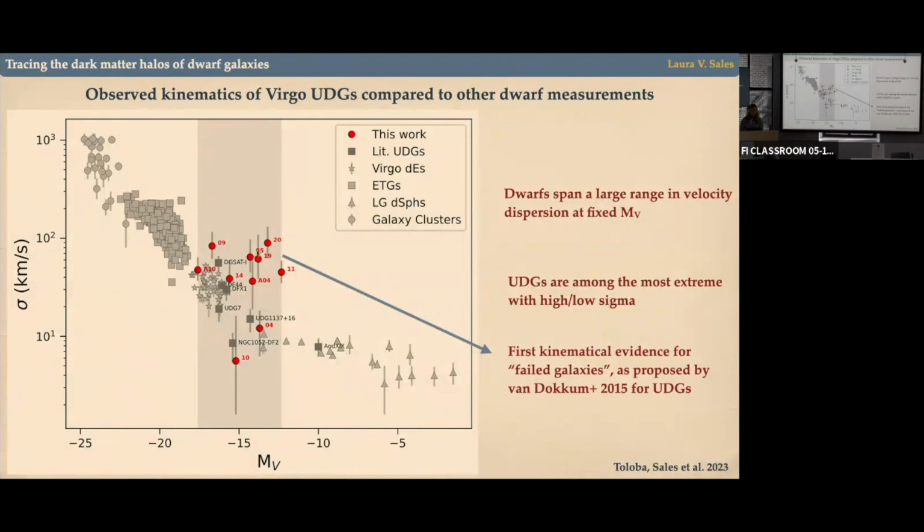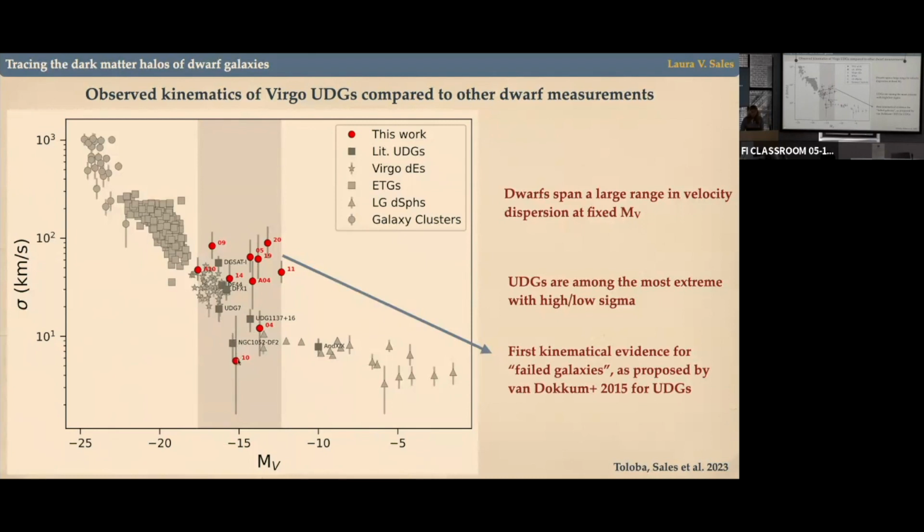And what we find is a very wide range of velocity dispersions. Some of them are very low, almost or lower than, for example, DF2, which is the poster child for dark matter-free UDGs that has attracted a lot of attention.